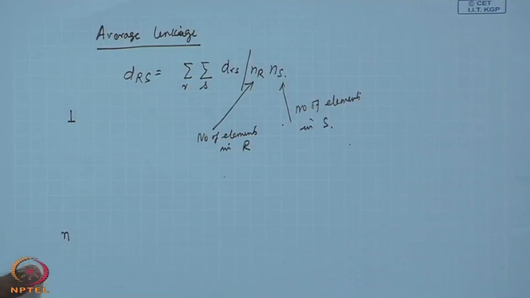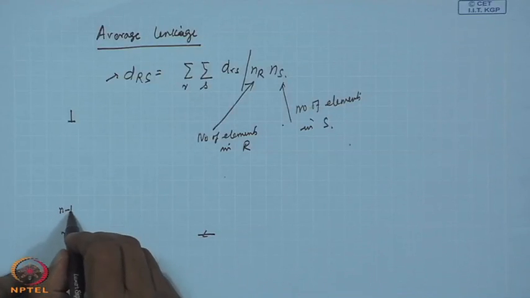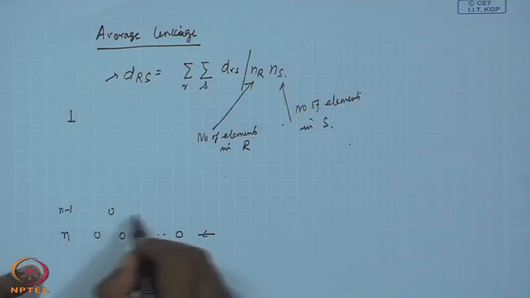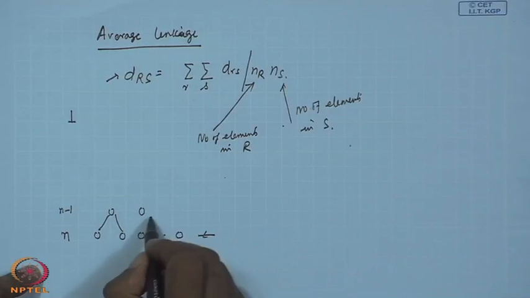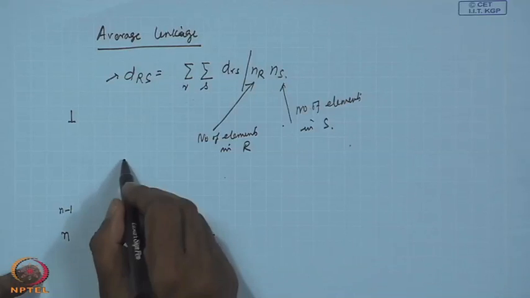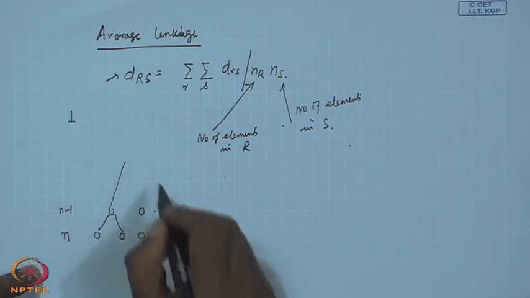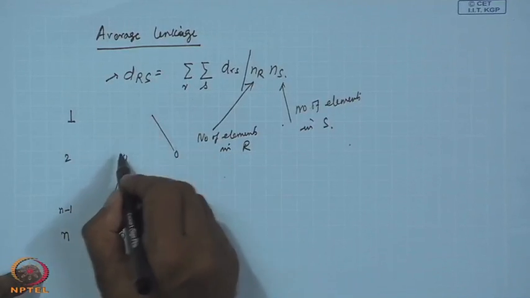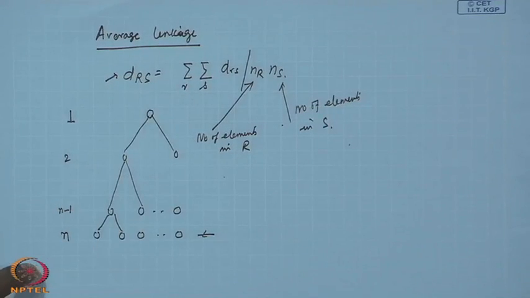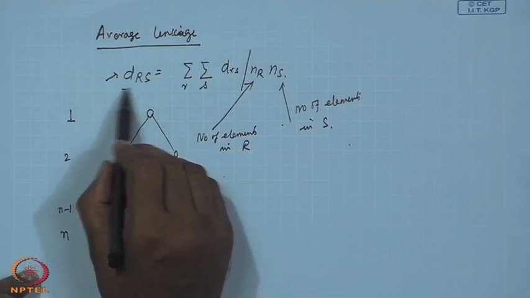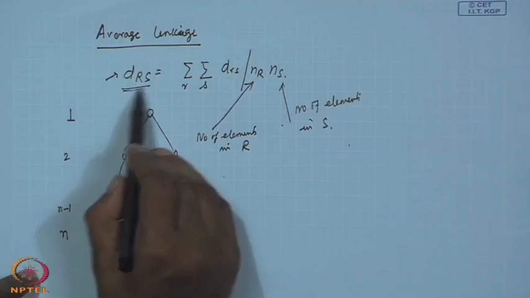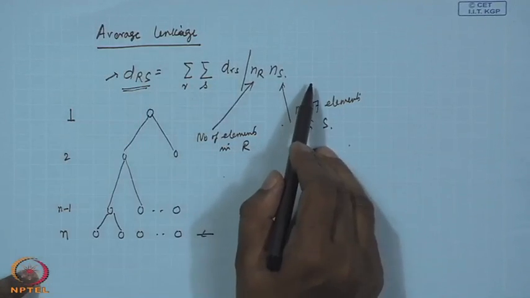So, you are starting with n clusters, finding these values, then you go to n minus 1 clusters, like this, then ultimately you will be going to 2 clusters, then finally to 1 cluster, and everywhere you are comparing the distance between clusters by this formulation.